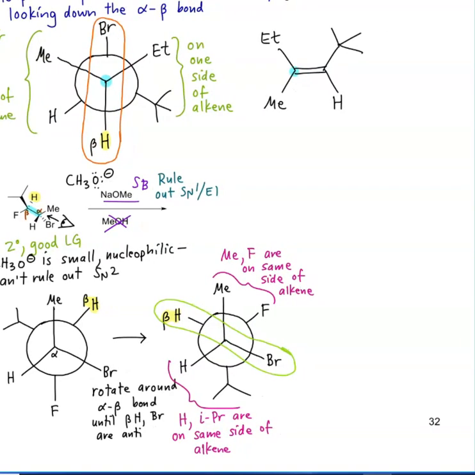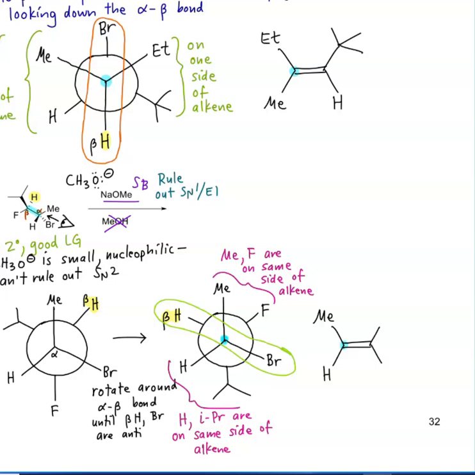So to draw the product, let's recognize, I'm going to highlight this front carbon, that methyl and hydrogen are attached to the same carbon in the alkene that just formed. So that's this one. What was the alpha-beta bond is now the alkene.